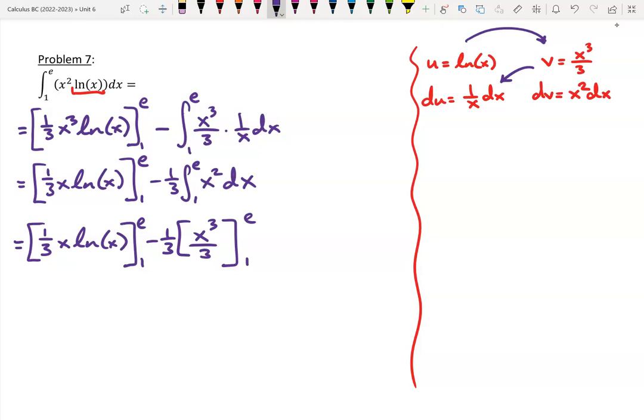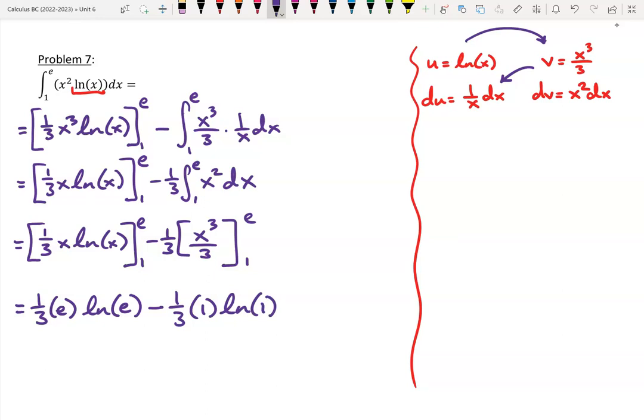Now, since it is a definite integral, I don't have to do the plus C. So let's plug everything in and see what we get. We should have 1/3 times e, natural log of e, which is just equal to 1. And that's going to be minus 1/3 times 1, natural log of 1, which is 0.